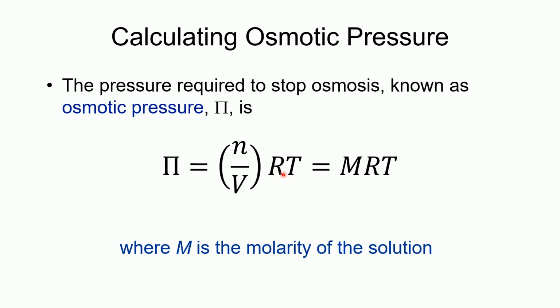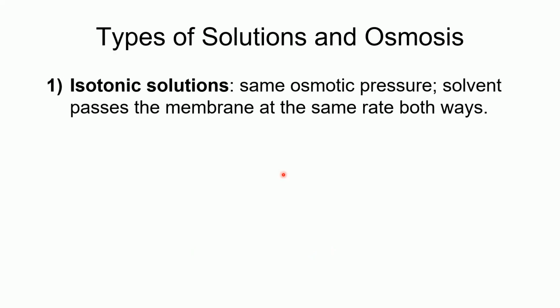Now, as far as osmotic pressure goes, there are a couple of different types of solutions that we can refer to when we're talking about osmotic pressure. One is called an isotonic solution, and that's where you have the same osmotic pressure inside or on one side of a semi-permeable membrane as you do on the other side of the semi-permeable membrane.